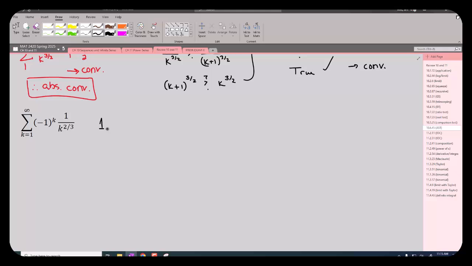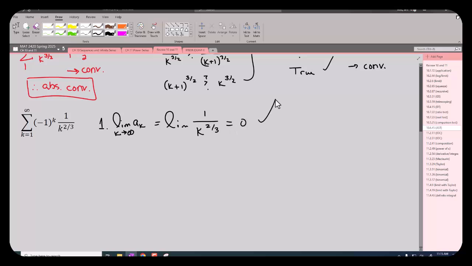But here, where we want to do the full-blown AST, we first say, okay, well, what's the limit of a sub k as k goes to infinity? So that's the limit of 1 divided by k raised to the 2/3 power.